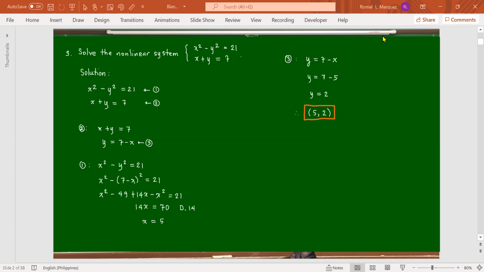Let us have number 4. Solve for x in the equation 11 over 6x plus 1 is equal to 2 over x plus 1.